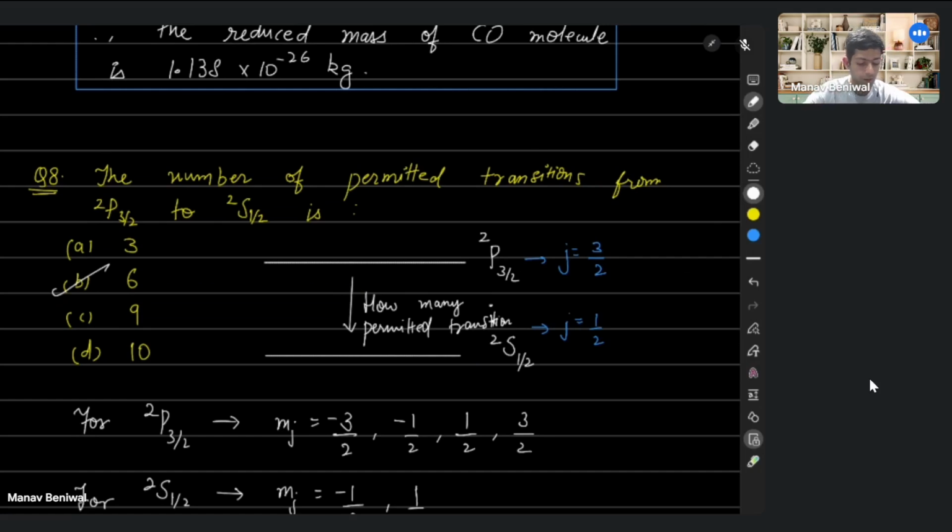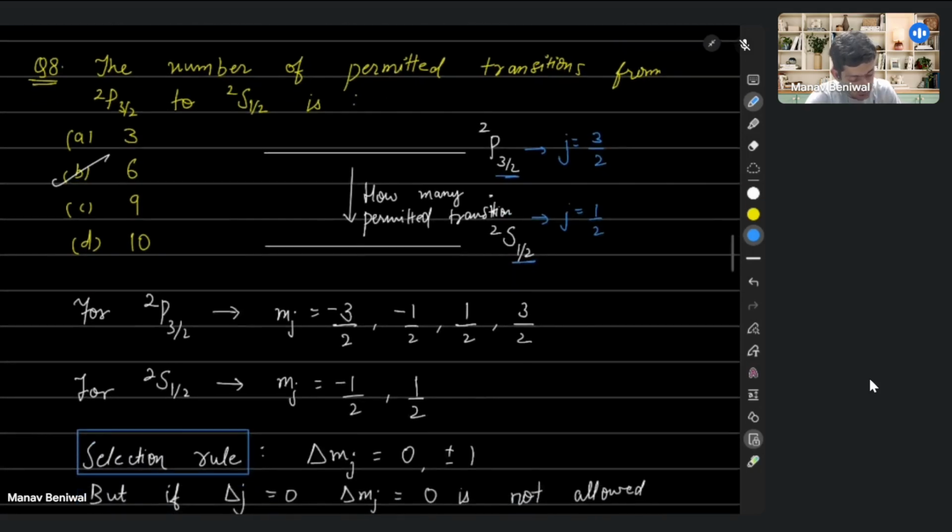So here we were given two spectroscopic terms, 2p3/2 and 2s1/2. For 2p3/2, we can clearly see that the subscript is 3/2, so this means that j is 3/2, and for 2s1/2 the subscript is half, so here j will be half.